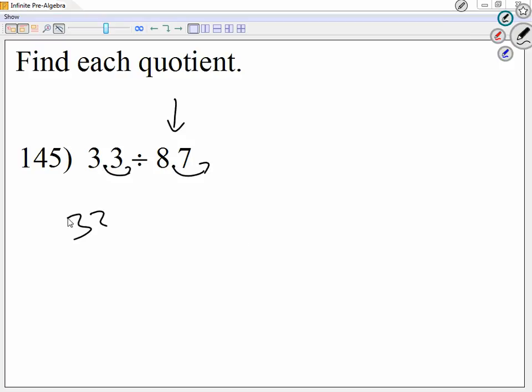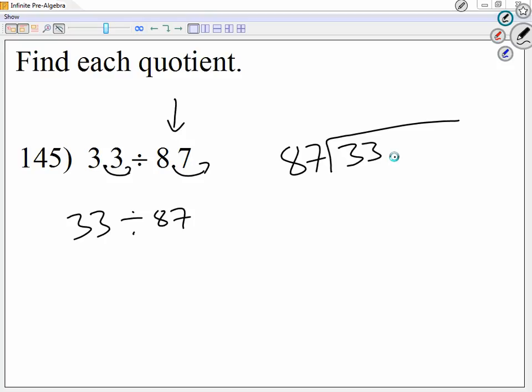So I have 33 divided by 87. Once again, the second number should not have any decimal point. So I'm going to go 87 divided into 33. I'm going to put my decimal point after the 33. I know 87 does not go into 33 because 87 is bigger. So I'm going to put a 0 there.